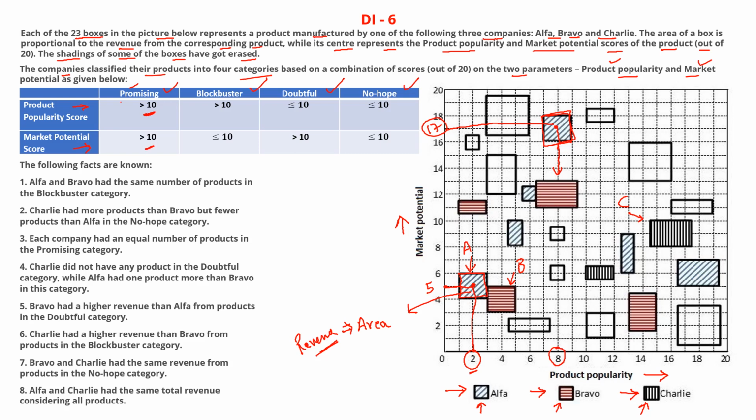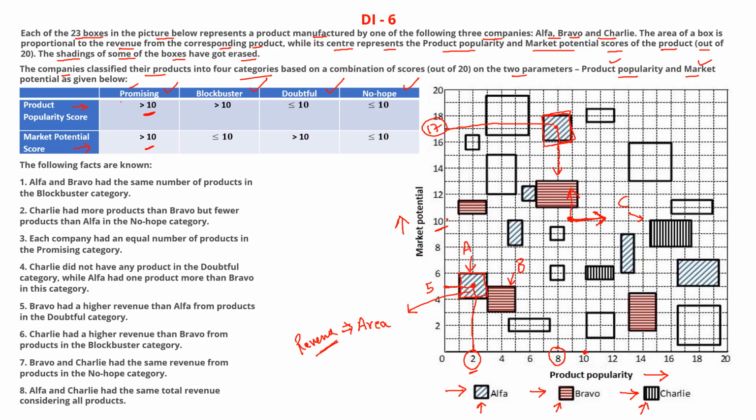So if we consider greater than 10, this is 10. So we have to see greater than 10 for product popularity. Product popularity is the x-axis, and this is the 10. And marketing potential center is this, so we will look for greater than 10 product popularity and greater than 10 market potential.